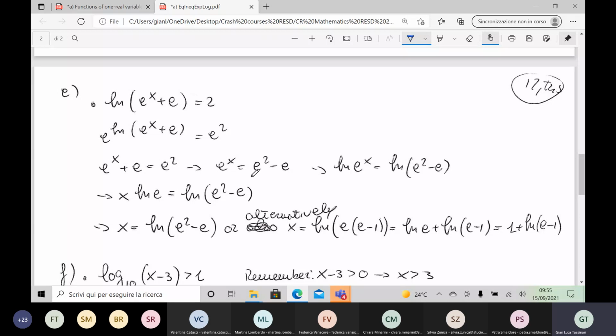Now, what do you want to do? You want to make x fall down, because at the end of the story, we want to get x equal to something. So how can you make x fall down? Remember, now you have to apply the logarithmic transform of both sides. Which logarithm, guys? The logarithm with basis e. So take ln of both sides.